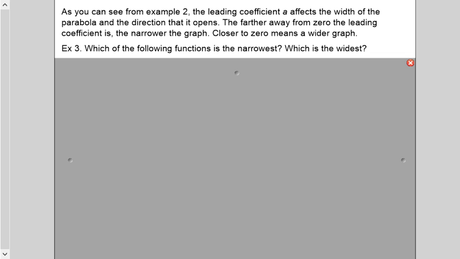Example 3 says, which of the following functions is the narrowest and which is the widest? So remember, narrow means farther away from 0. So a big positive or a big negative. Close to 0, like a fraction, means that the graph is wider.